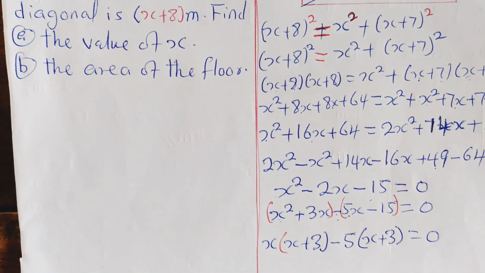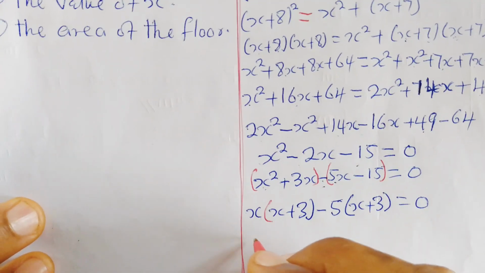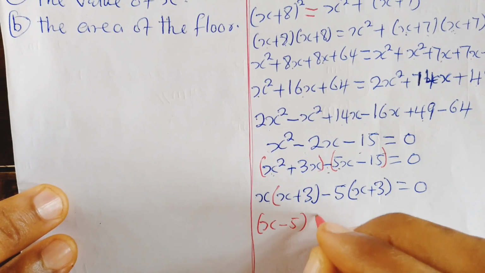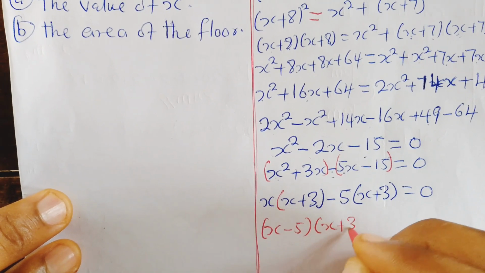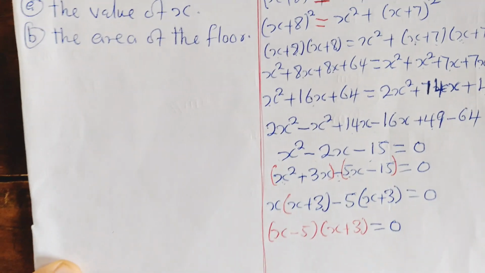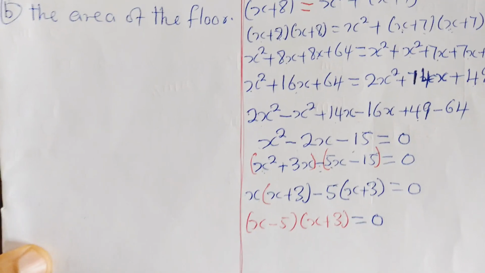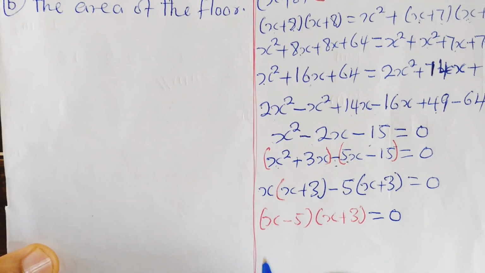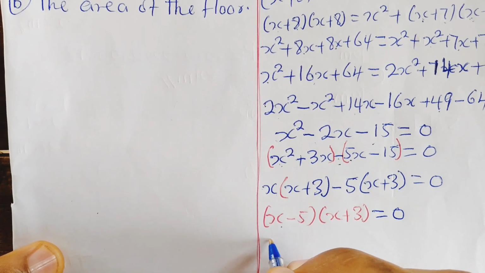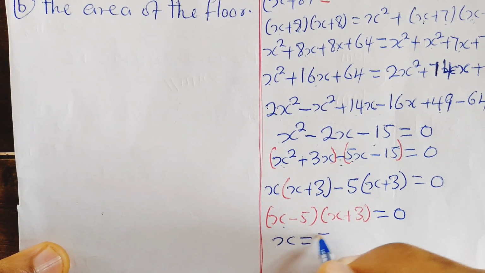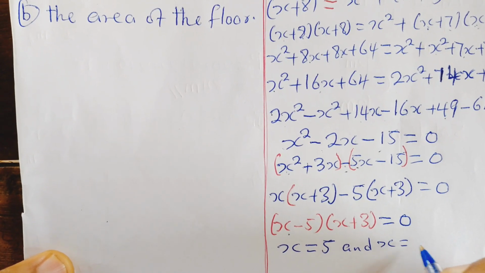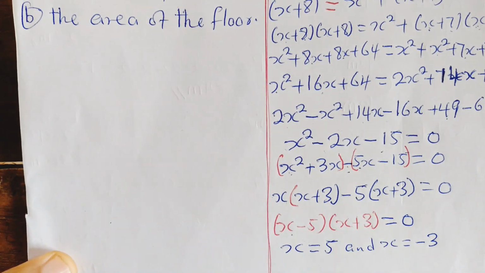So I am now having the roots to be x minus 5 and x plus 3, and this is equal to 0. I will equate each to 0. It implies that x is equal to 5 and x is equal to negative 3.